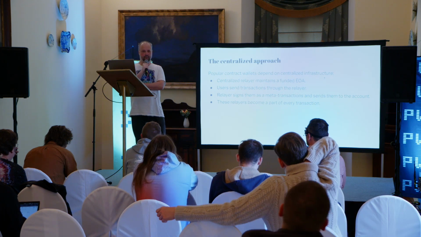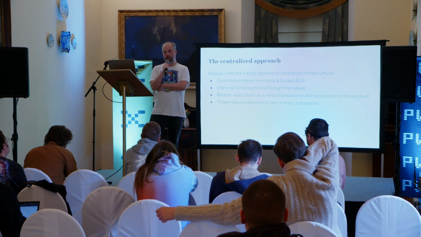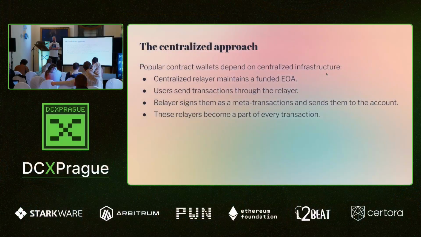And chances are that if you are using a non-4337 smart account, you are using such a centralized relay. The way these relays work is by sending what's called a meta transaction. Basically, the user signs a transaction that cannot be used on chain directly. It sends the transaction to a relay.